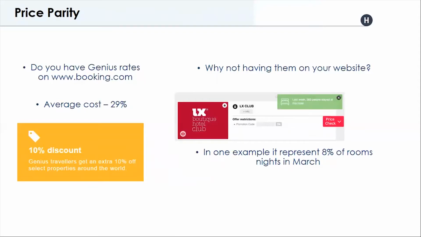So now I'm going to pick a little bit on Booking.com and look at the Genius rate. They came up with this concept, or it's not new, because it's been there for a while, called Genius. And sometimes hotels subscribe, they don't even know exactly what they are subscribing to, but they are giving a huge advantage to Booking.com, and on average this reservation costs 29%.